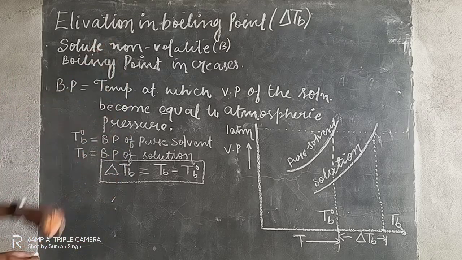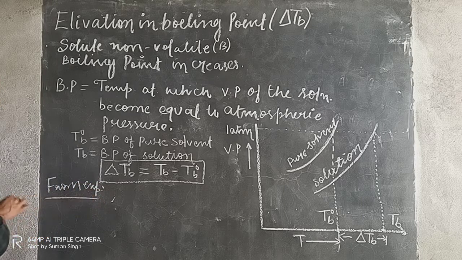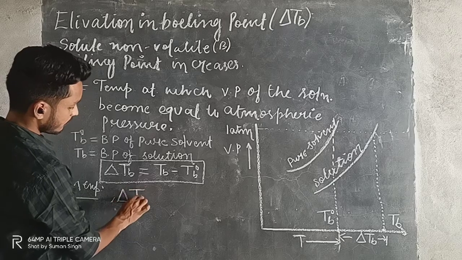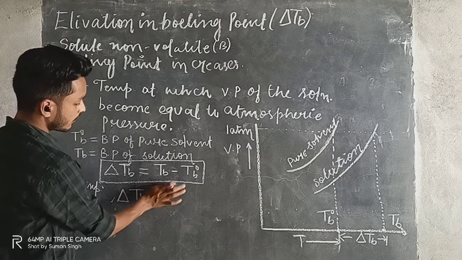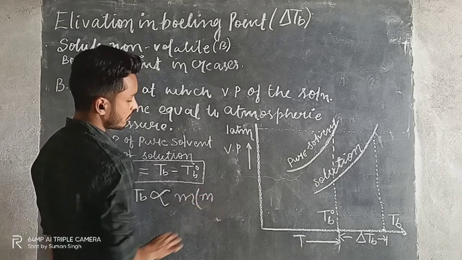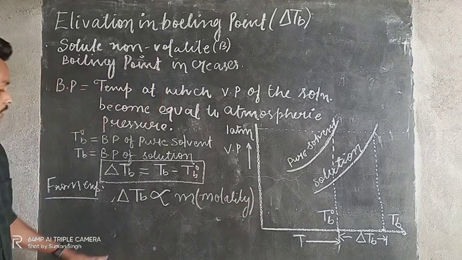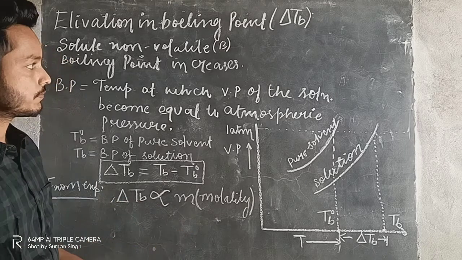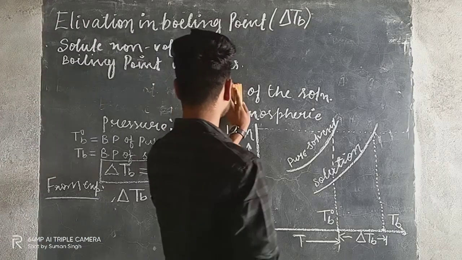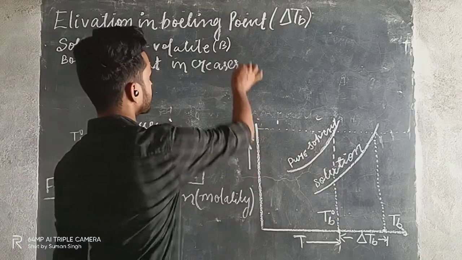Now, from the experiment we have found that this delta TB is directly proportional to molality, which we discussed in the first class.